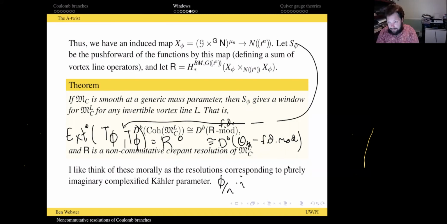Probably we don't actually need that. Probably there is some weaker version of this, but some of the proofs I haven't tried to make go through if you don't have this assumption. So for smooth at a generic mass parameter, the only examples I know are the finite type ADE quiver representations, affine type A quiver representations, and toric things.